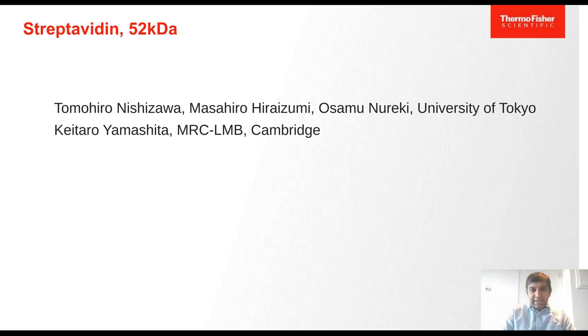About 6 months later, another group from Princeton University, Ning Yang's group, pushed the resolution further to 2.6 angstroms without using the faceplates. End of last year, Tomohiro and Masahiro started testing this streptavidin on their new Cryos G4.